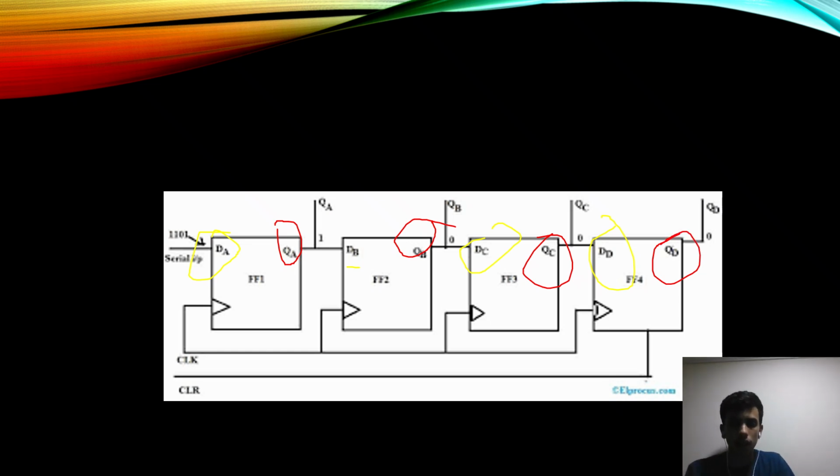Did you observe that DA, DB, DC, DD are connected in series, and QA, QB, QC and QD are in parallel? So this is known as serial in and parallel out. This comes under a shift register.